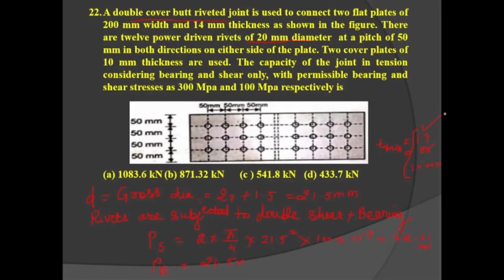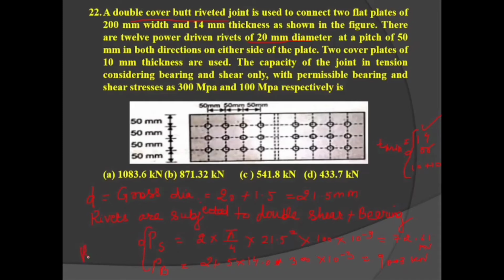So our value will be 14 mm. T minimum is equal to 14, into FB, which is given as 300 megapascal, 300 into 10 to the power minus 3. After calculation, I found the value equal to 90.3 kilonewton.